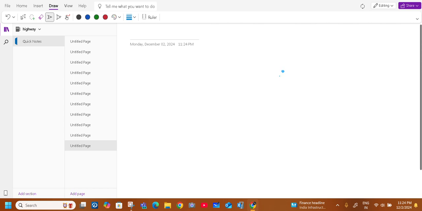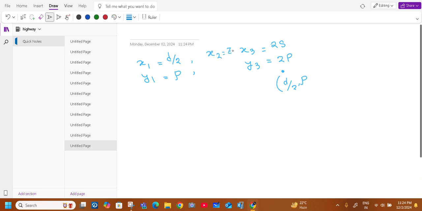So suppose this point is d by 2 comma p, that means x1 comma y1, x1 is equal to d by 2, y1 is equal to p. And x3, y3 is equal to 2s, 2p, then x2 is equal to z1, y2 is equal to what?